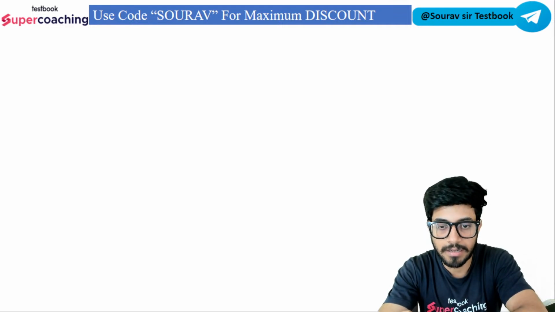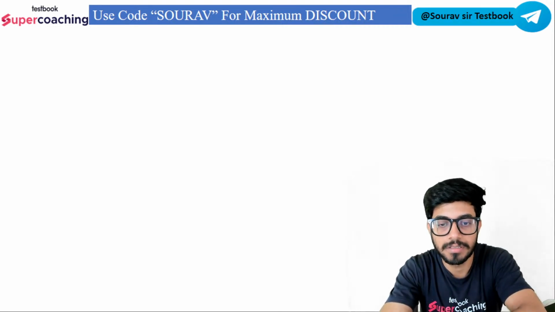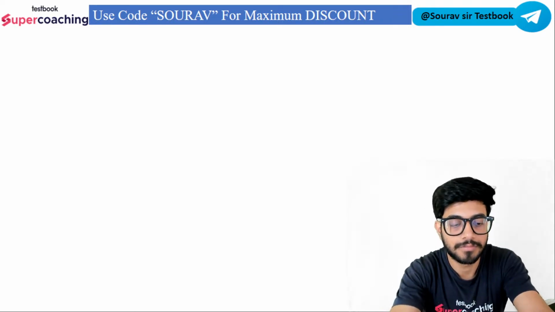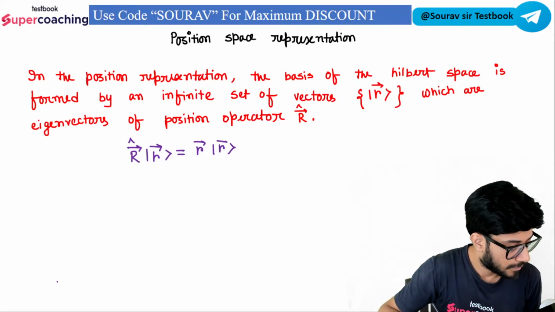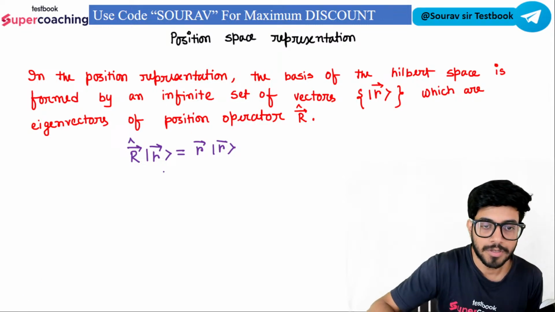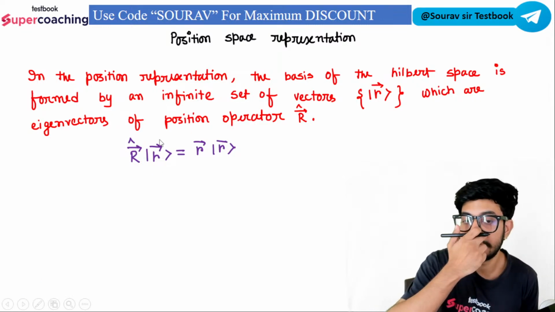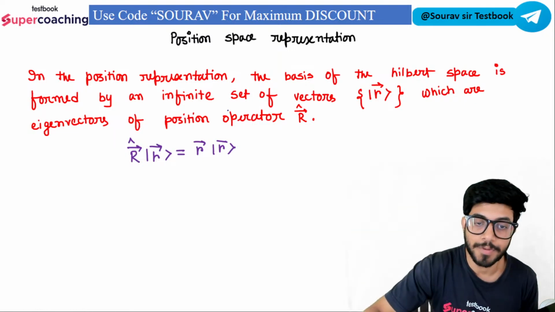So if this part is clear, then we can go to the next part. This R vector ket represents the state of a particle which is at the position vector r, corresponding to the eigenvalue r.